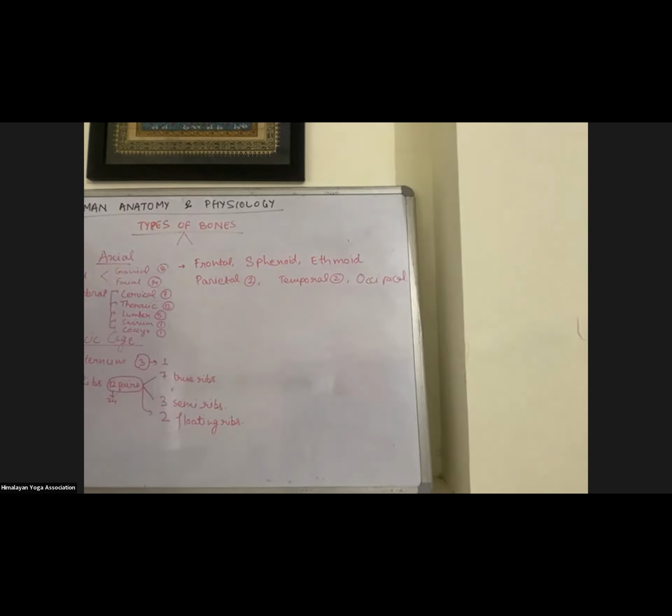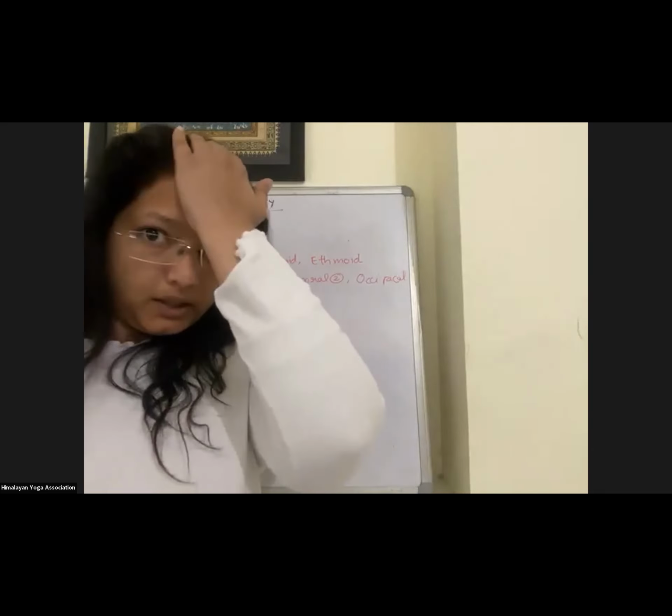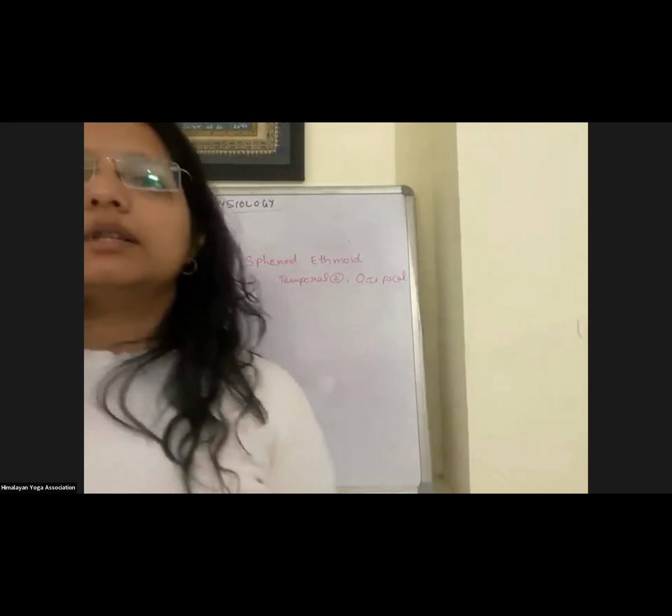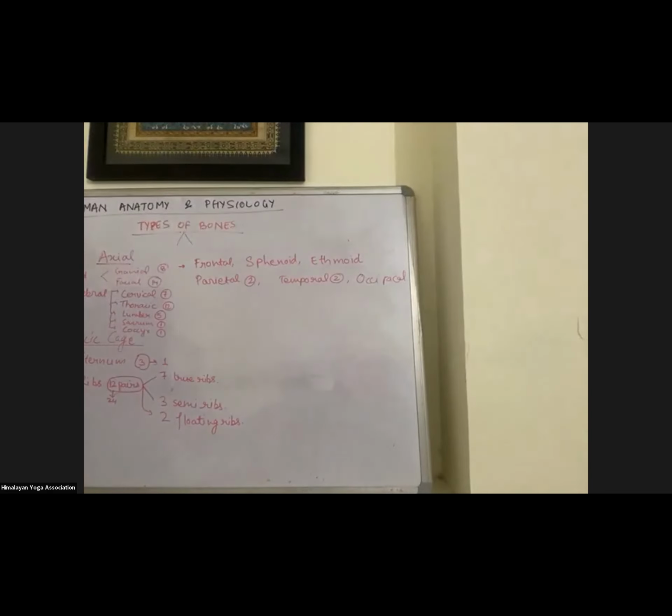These are the 8 bones of the cranial region. In this, you see, this is frontal, this is parietal, then this is temporal, and at the back this is occipital. If you want, you can take a screenshot.